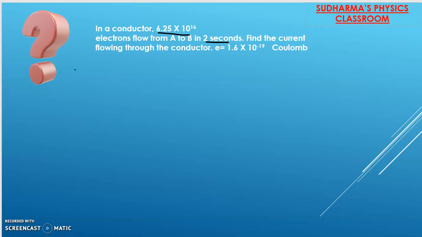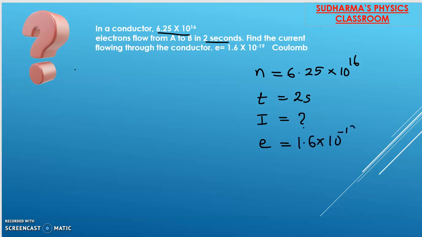That gives a systematic way for solving the numericals. So in a conductor, 6.25 into 10 power 16 electrons are flowing. So number of electrons N is 6.25 into 10 power 16. The direction of flow of electrons is from A to B. Time taken T is equal to 2 seconds, we have to find the current I, and charge of electron is 1.6 into 10 power minus 19 coulomb. So these are the data provided.